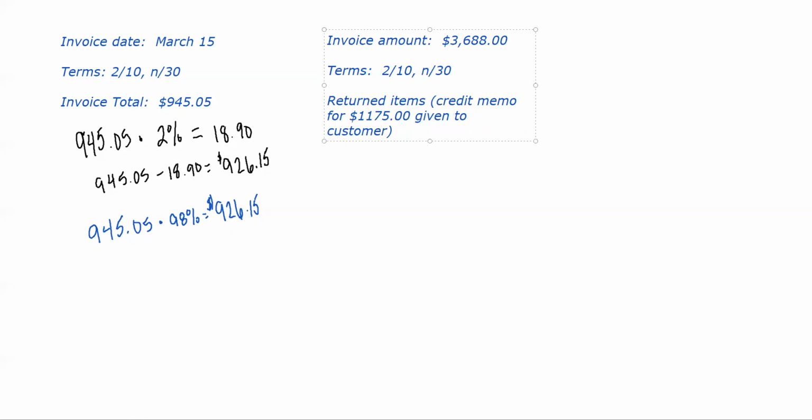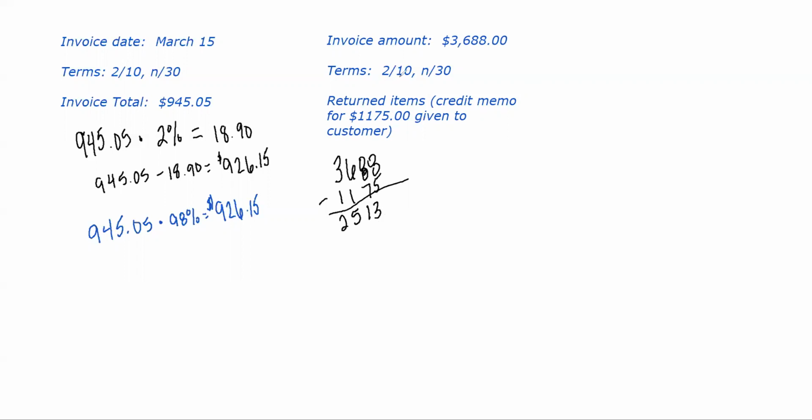So the first thing you're going to do is take the invoice amount and subtract the returns, 1175. That's going to give you $2,513. So that's the amount you're going to find the percentage on. So do your return item first, then find the percentage on this.